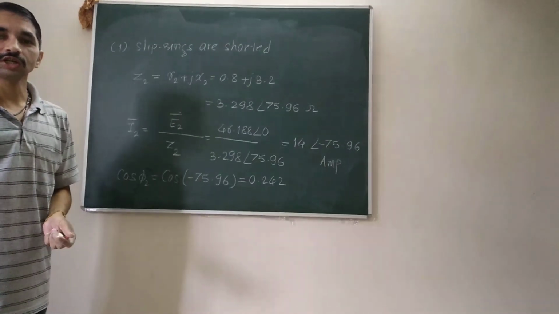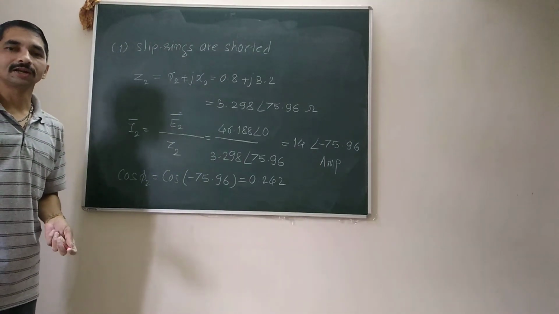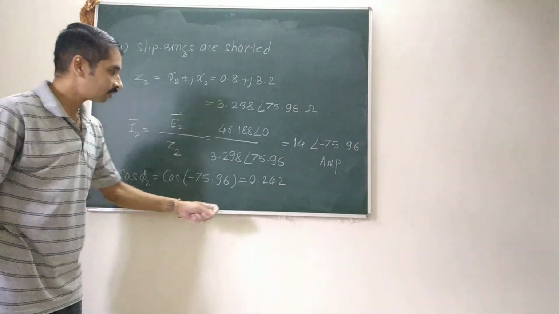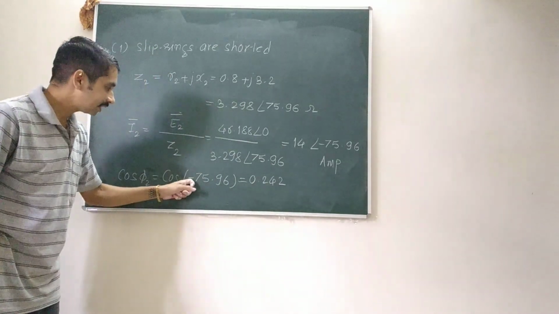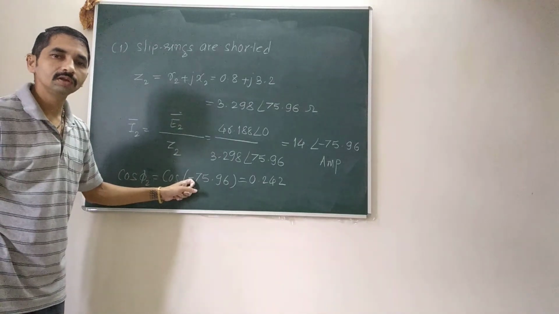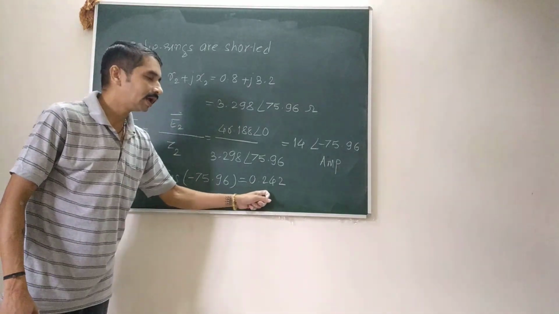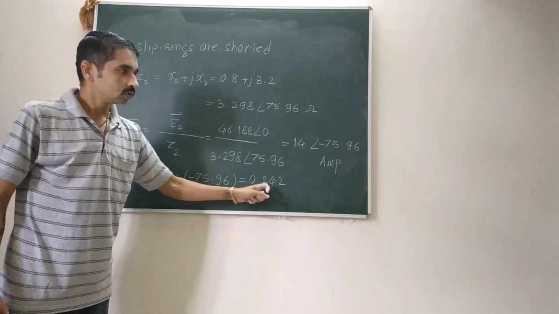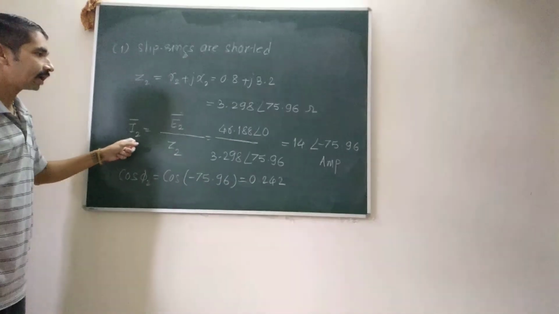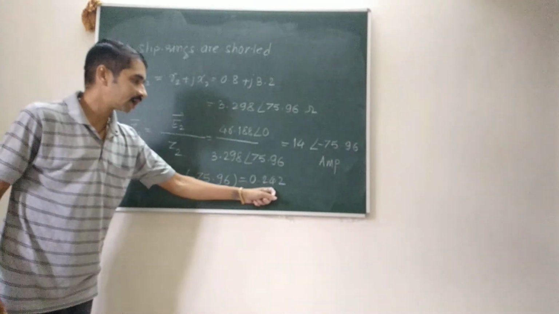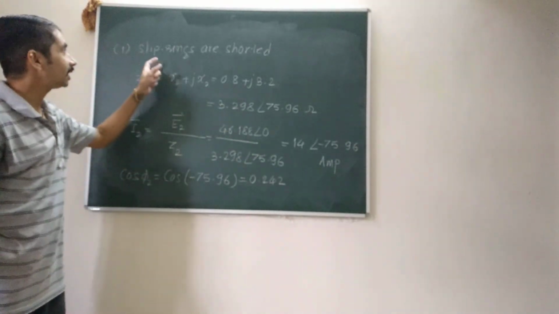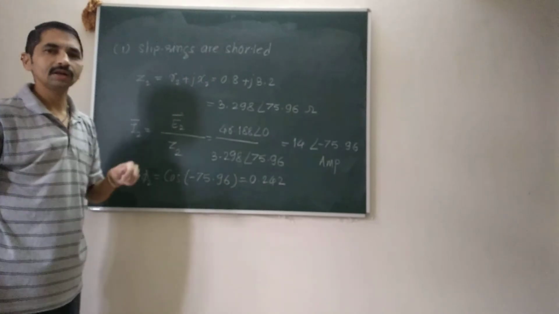Inductive circuits operate at lagging power factor, and therefore even though here you are getting the positive value, as the sign associated with the angle is negative, you have to say that it is a lagging power factor. So I am getting the rotor current as 14 amperes and the operating power factor as 0.242 when the slip rings are shorted.